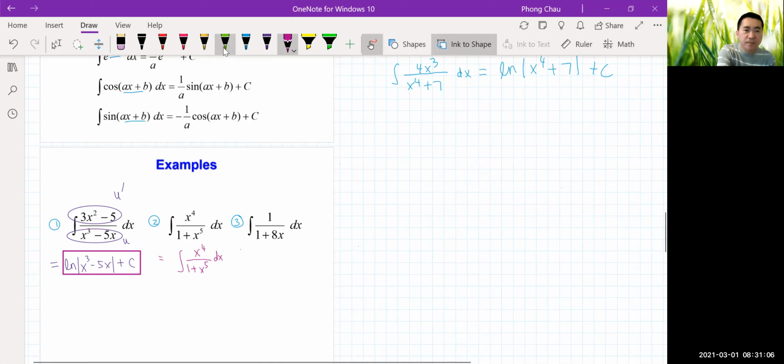Using the same classical, or standard, technique: if you need a 5, you can multiply by 5 and times 1/5. That introduces this. Now you can follow the formula. This is 1/5 times the integral, and we see that u prime over u is now the natural log of the denominator.